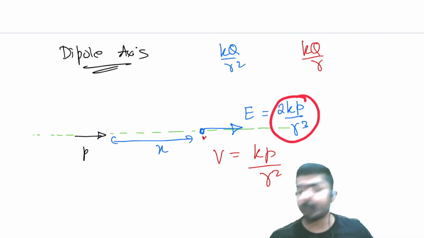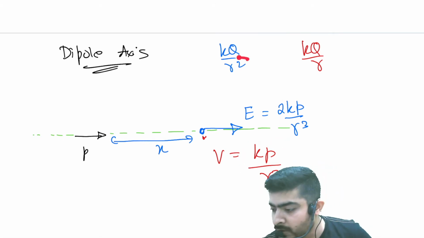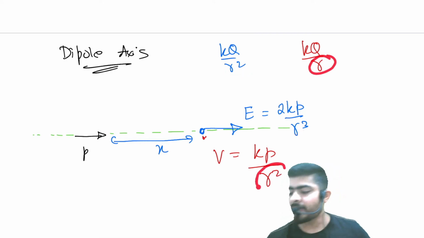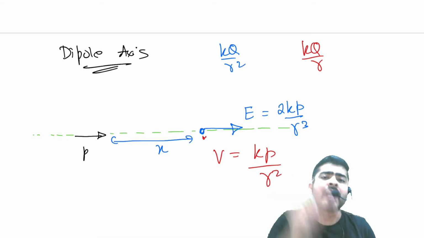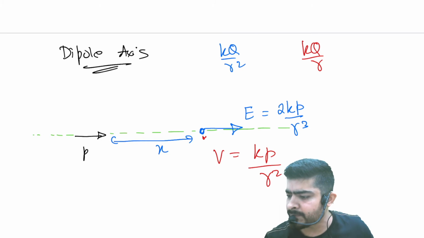So here electric field becomes Kp by r cube, and here potential becomes Kp by r square. So instead of r square we have r cube for electric field, instead of r we have r square for potential. So just increase the power of r in the denominator. Simple. You can remember the formula now, right?